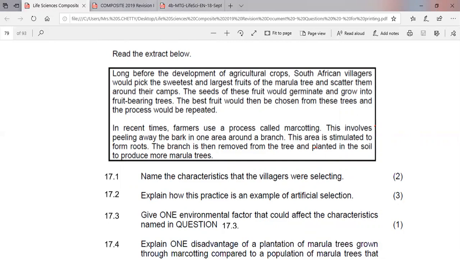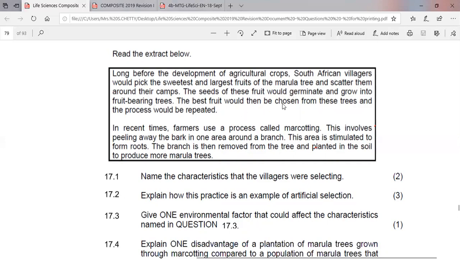Read the extract below. Long before the development of agricultural crops, South African villagers would pick the sweetest and largest fruit of the Marula tree and scatter them around their camps. That's one way of sustainable use of a resource, isn't that so? Picking them and scattering them so that the seeds would germinate and grow into fruit-bearing trees.